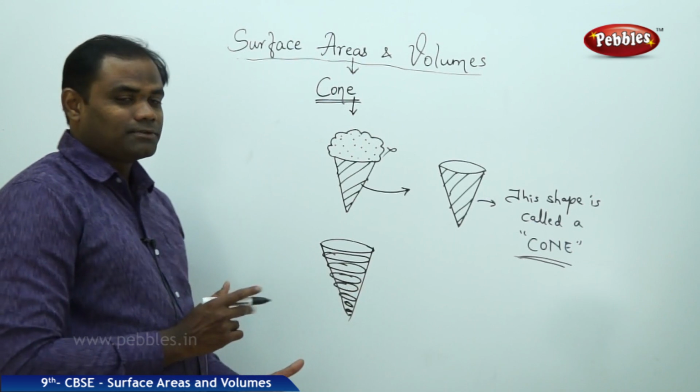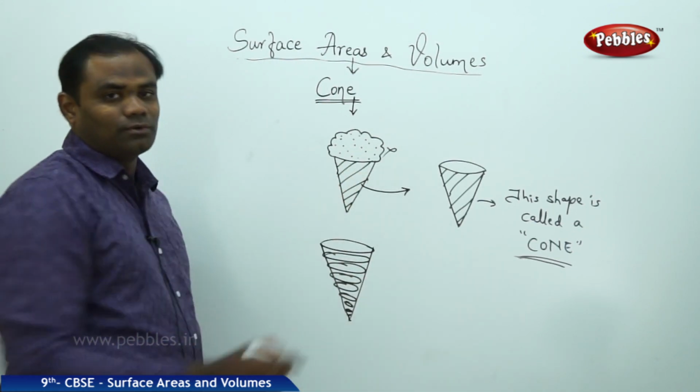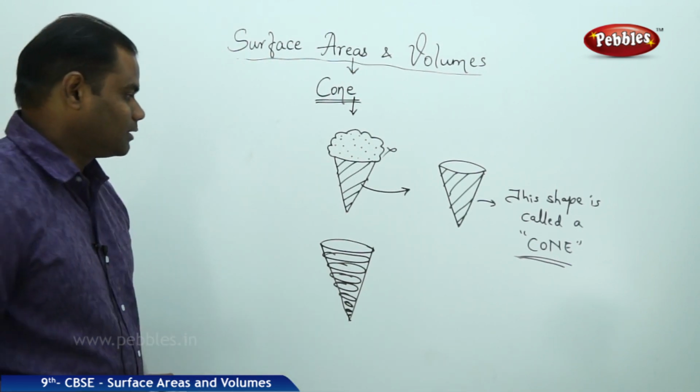Circular regions placed in decreasing order until they reach the 0 point is how we define a cone.